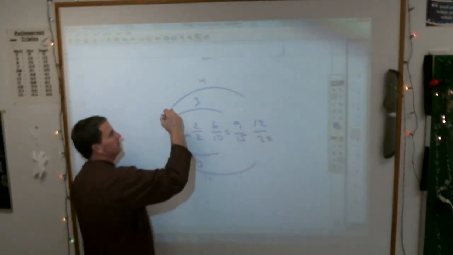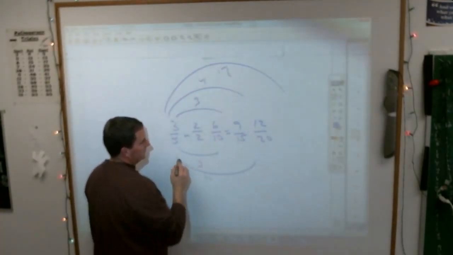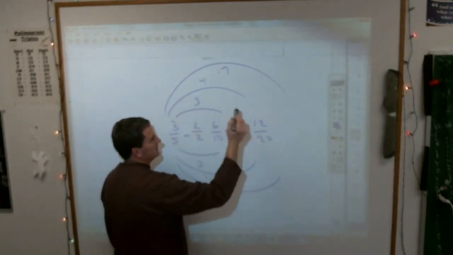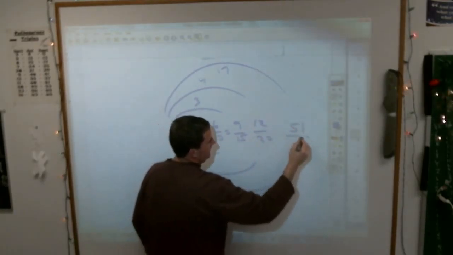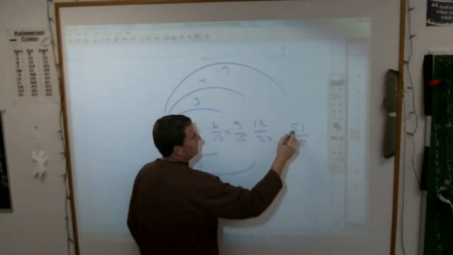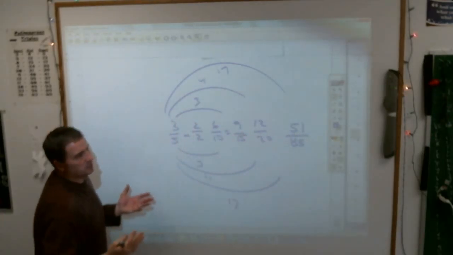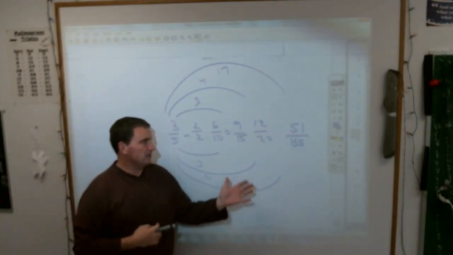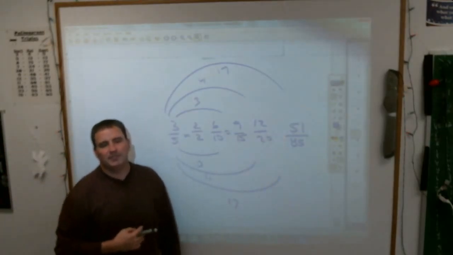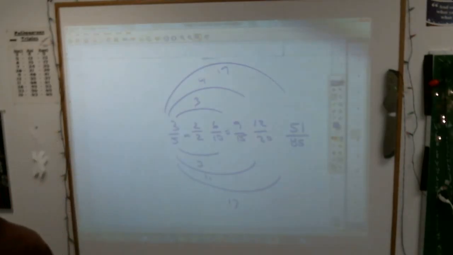I could multiply by 17 over 17 and get 51 over 85. All of these fractions mean the same thing, and that's why fractions are confusing. If you said, I really wish I could eat 51/85 of a pizza, it doesn't make as much sense as saying, I'd like to eat 3/5 of it. So that's the same thing.